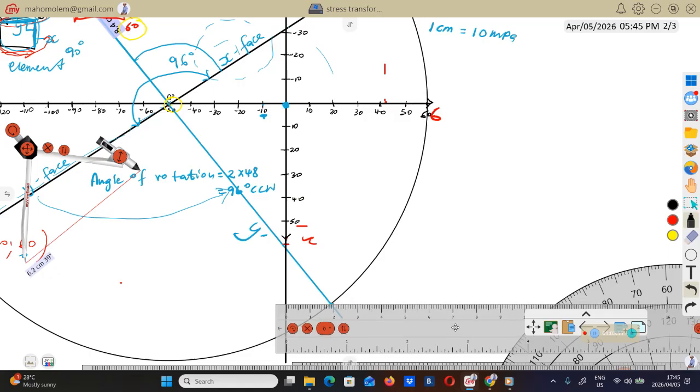Come with your ruler, measure from here to there.